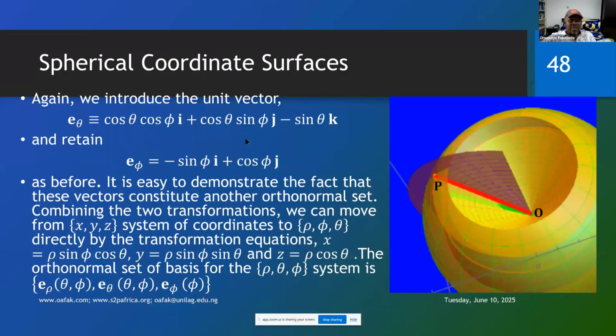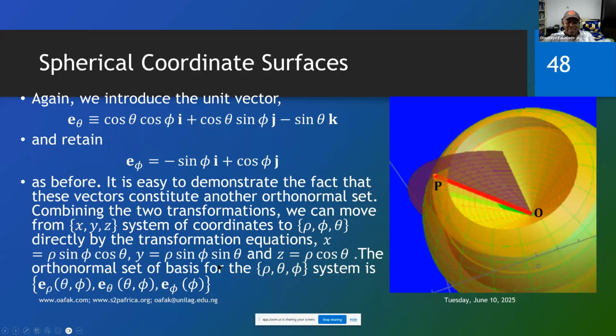So again, we introduce the unit vector E theta is this and retain E phi to be this. As before, it is easy to demonstrate that these vectors constitute another autonomous set. Combining the two transformations, we can move from the XYZ system of coordinates to the rho phi theta system directly by transformation equations. X is equal to rho sine phi cos theta, y is equal to rho sine phi sine theta, and z is equal to rho cos phi.